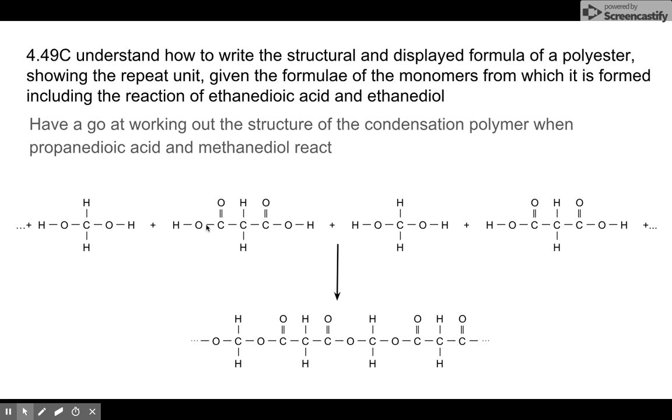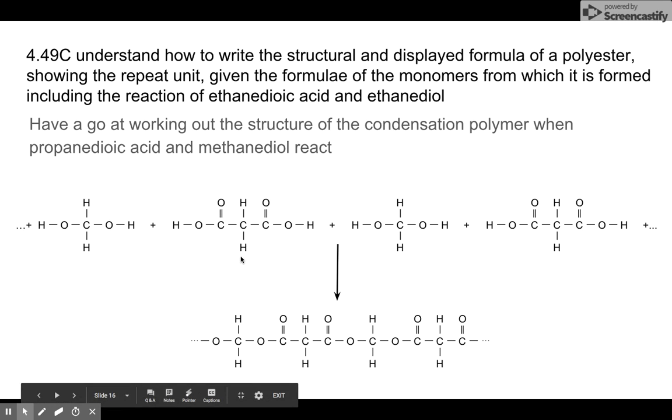If that H2O comes off, this oxygen is now bonded with this carbon. If this H here and HO come off, this carbon is now bonded to this hydrogen. And that's what you see here. So this oxygen is here, this carbon is here, here's my new bond. This oxygen is here, this carbon is here, there's my new bond.